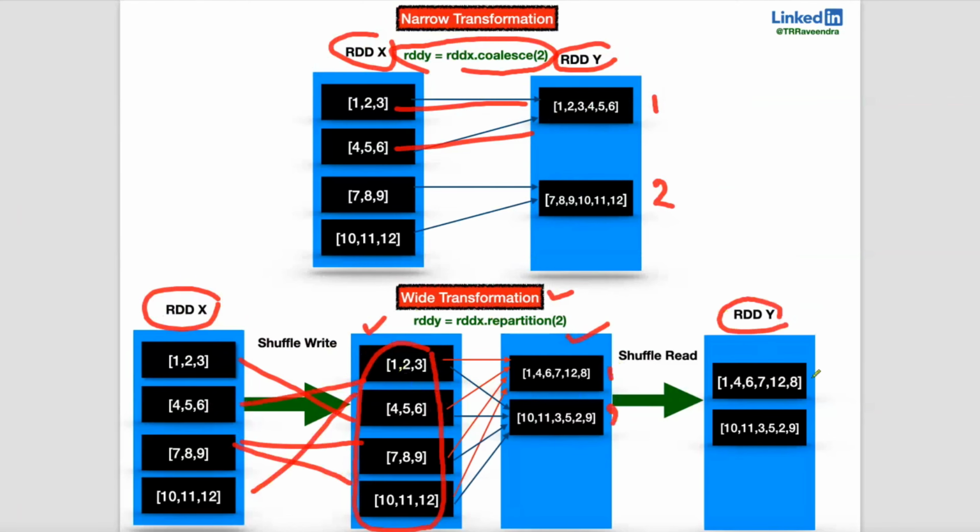So in RDD Y you get partition 1, partition 2. There are these additional 2 steps, shuffle write and shuffle read. Between your input RDD and output RDD you can find 2 stages: stage 1 with shuffle write, stage 2 with shuffle read. With coalesce, it directly reads data from the source and gives you an output, a single-stage operation. Here with repartition, it is a 2-stage operation.